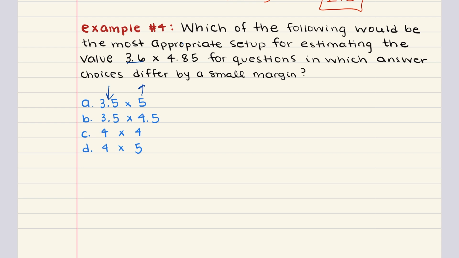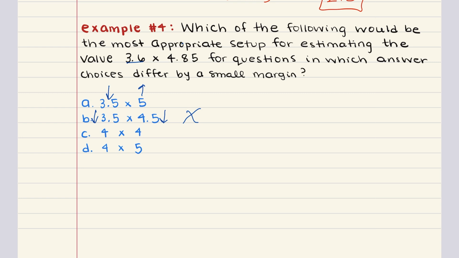In answer choice B, we're rounding down 3.6 to 3.5, and then we're also rounding down 4.85 to 4.5. This isn't the best technique to get a value that's close to the actual value. So B isn't our correct answer.